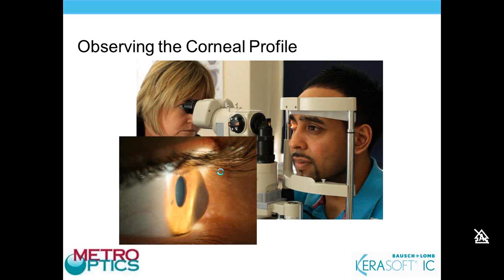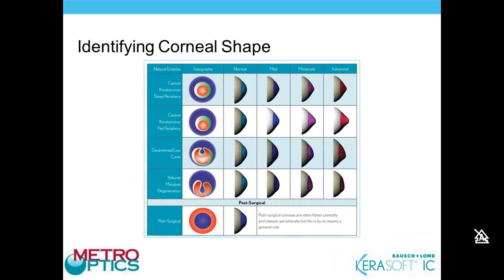So once we've determined that profile, we also can determine what shapes we're working with. So we have topography examples, and they break down keratoconus into central keratoconus with a steep periphery and central keratoconus with more of a flat periphery. We have the low decentered cone as well as pellucid marginal degeneration.